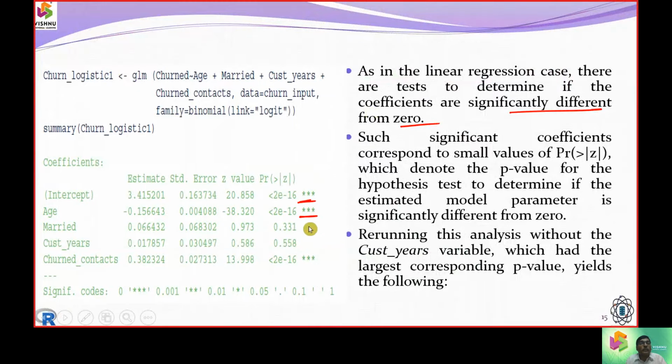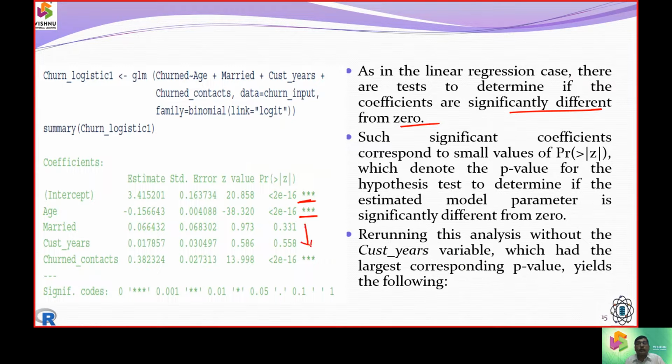So we have the age values, which are significant. Churn context also is significant, but married and customer years are towards 1 and they are not near to 0. So at this point of time, they are not significant to 0.